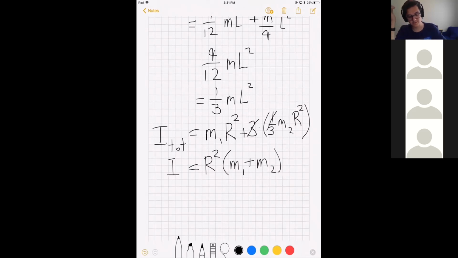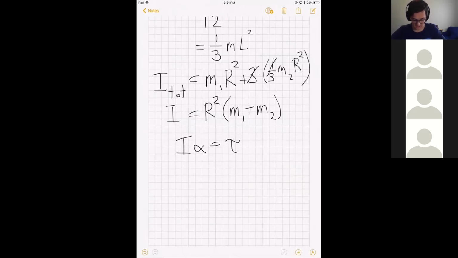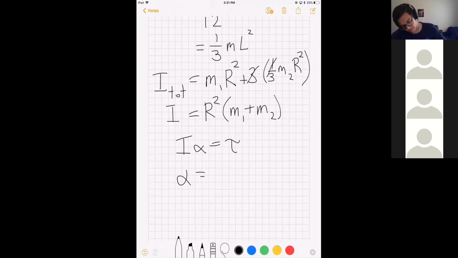So this is our total moment of inertia that we're going to plug into I alpha equals net torque. Now that we know what I is, it's just a matter of plugging in numbers. So alpha is equal to torque, that's a tau, trust me, divided by m1 plus m2 times r squared. There's not much more simplification we can do with the algebra.